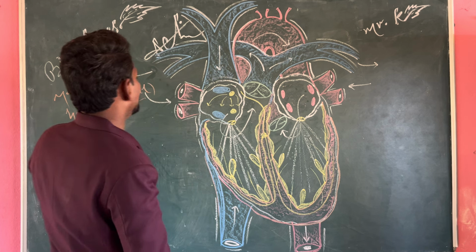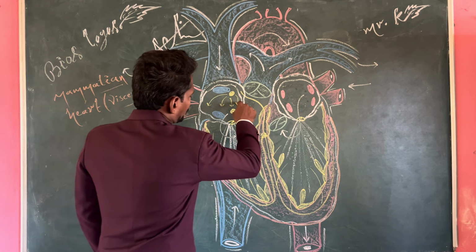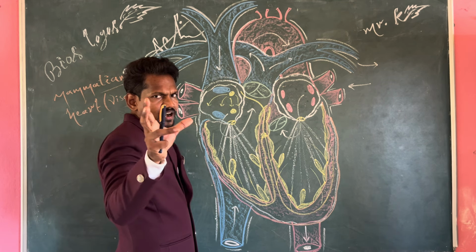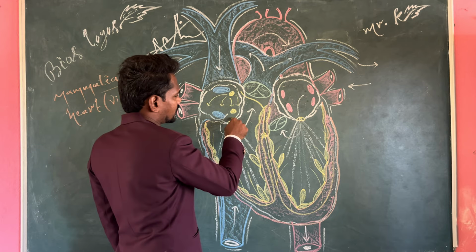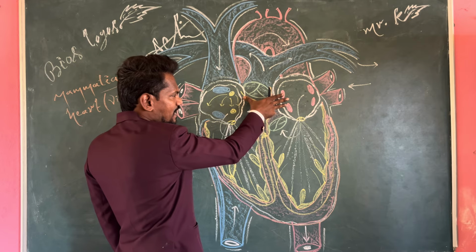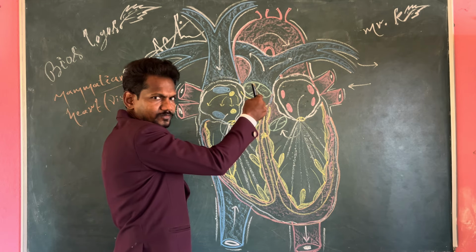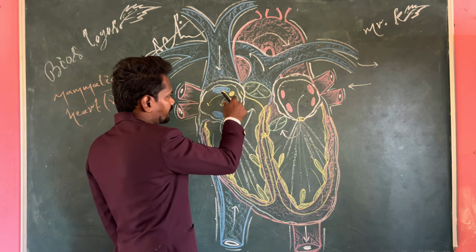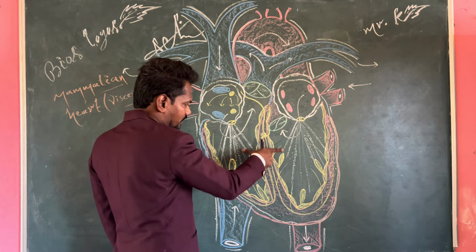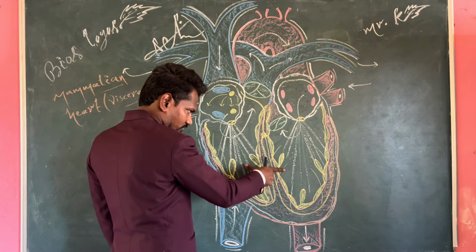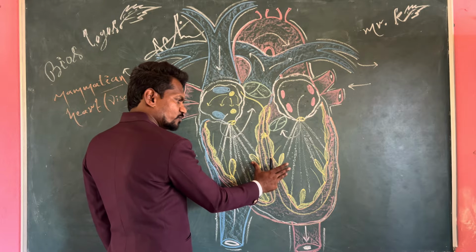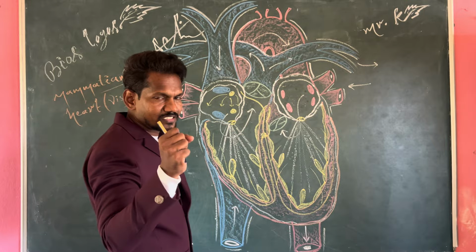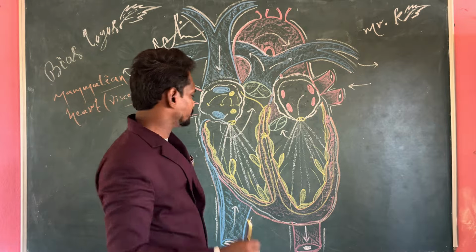Okay. During the cardiac cycle, during the heartbeat, in the first phase both atria contract, which is called auricular systole. Then both types of blood enter into both ventricles. Again, immediately both ventricles contract, which is called ventricular systole.